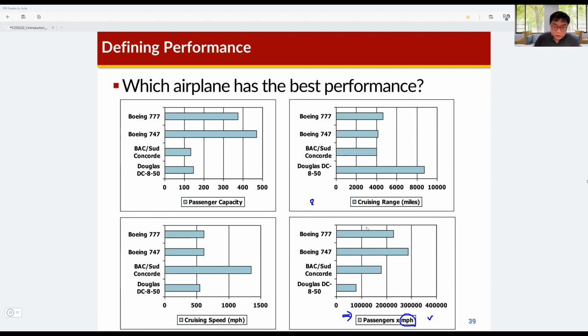We can consider the number of passengers, and then some distance and then speed, or we can combine 2 different metrics and then generate the one performance metric. Which should be considered if you are a CEO of the airplane company?